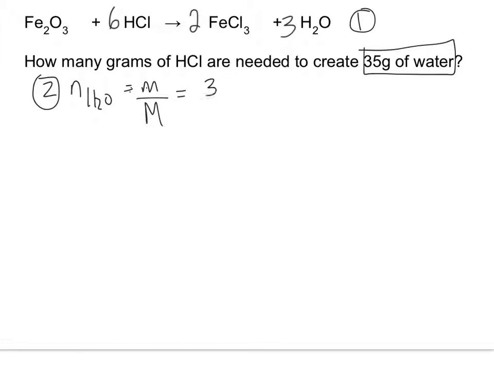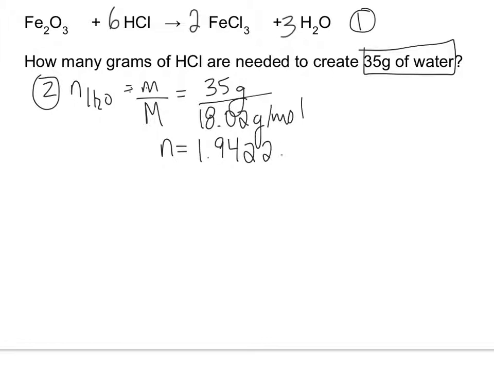We're given 35 grams, and we're going to divide that by 18.02 grams per mole, which gives us 1.9422 and so on moles of water. Okay, don't want to round off here yet because we are not done our calculation.